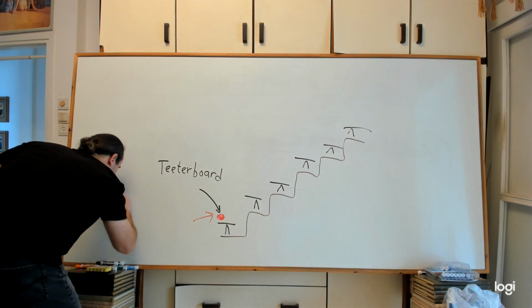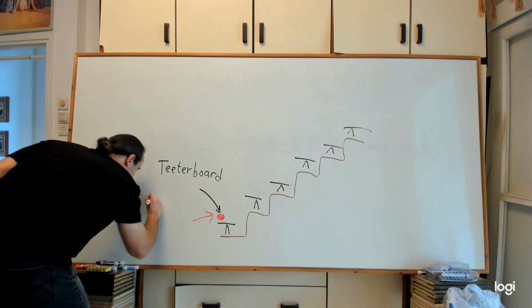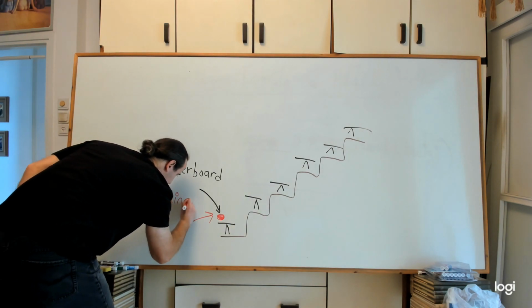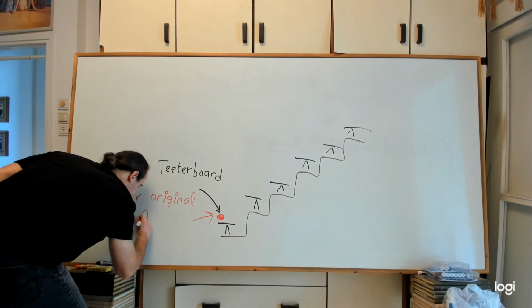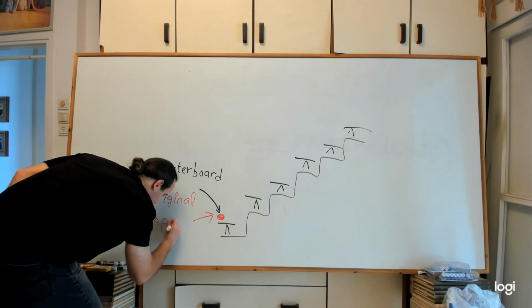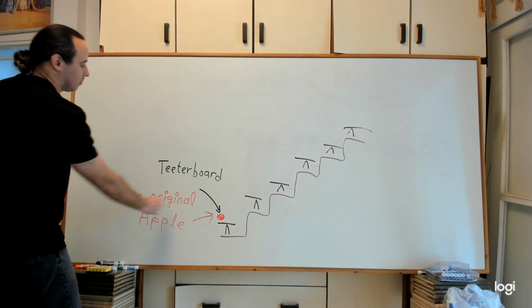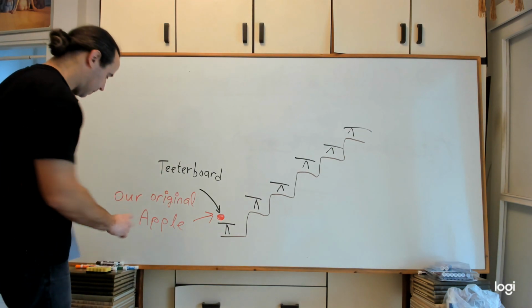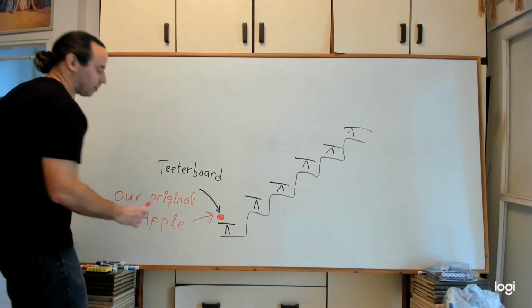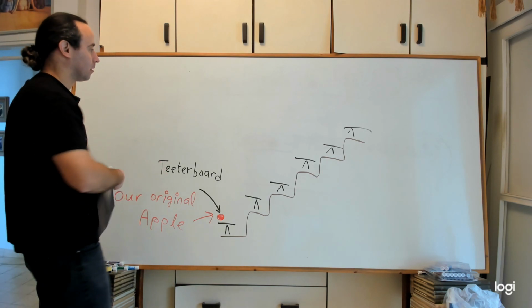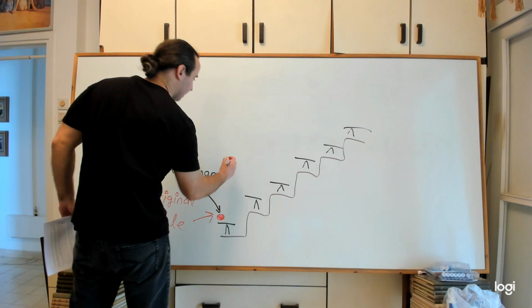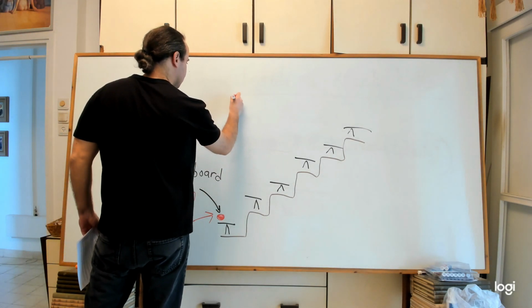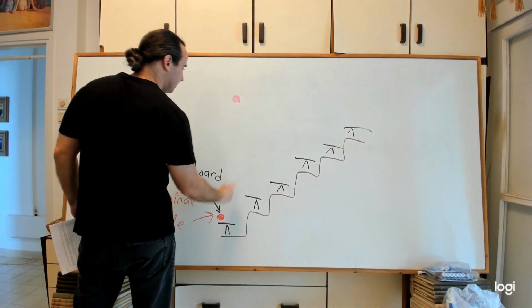This is our original apple. Okay, why am I saying original? Because there are also other apples that are dropped from a helicopter. Okay, there is a helicopter that is dropping apples.